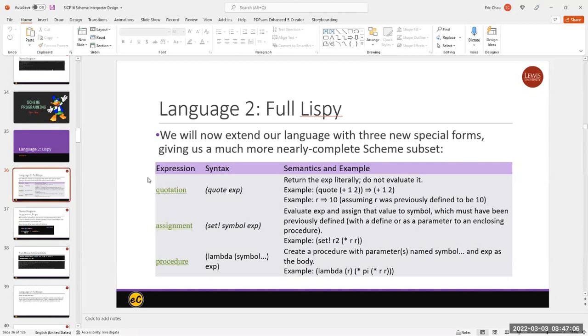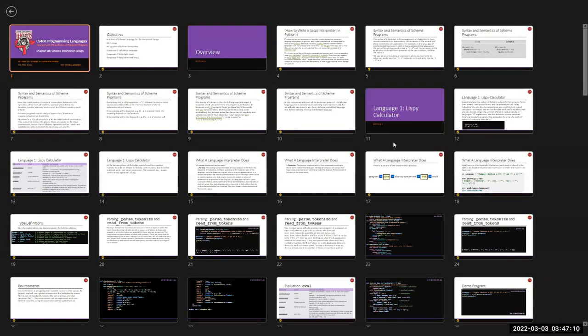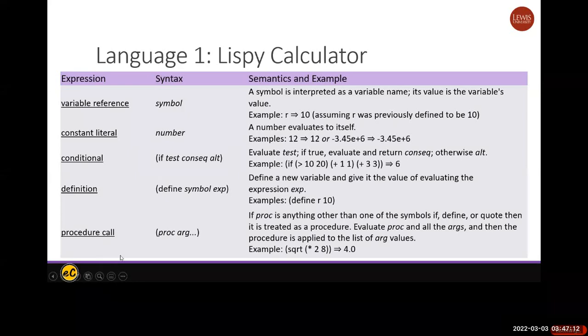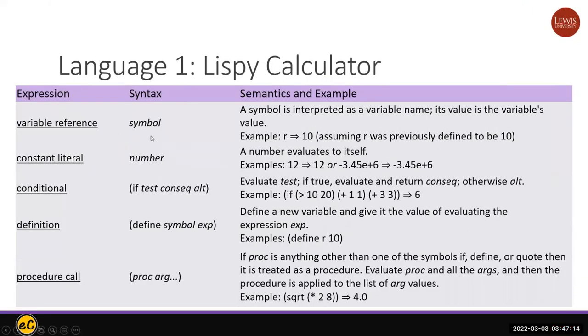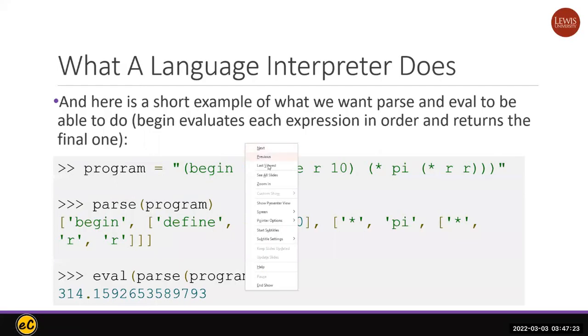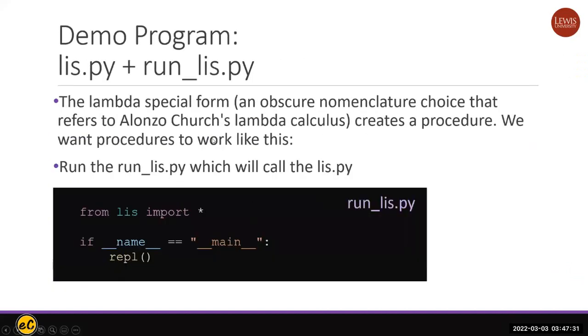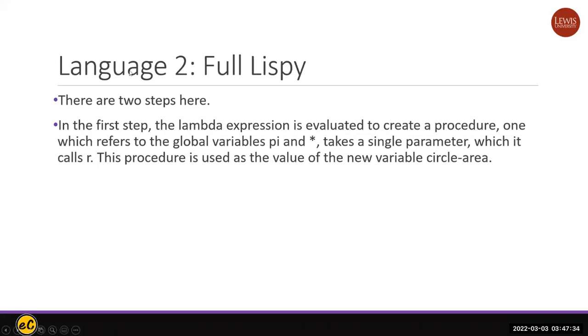So this run list language now combines language 1's forms, including simple, number, conditional, define, and procedure call. It also includes the newer definitions: quote, symbol, and lambda. So that's language number 2.